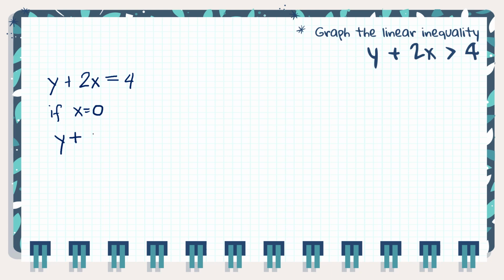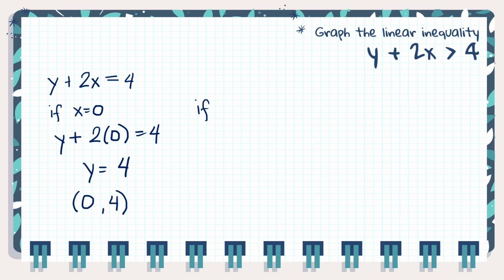We have y plus 2 times 0 is equal to 4. 2 times 0, correct, is equivalent to 0. So therefore, y is equal to 4. So our first coordinate is 0, 4.